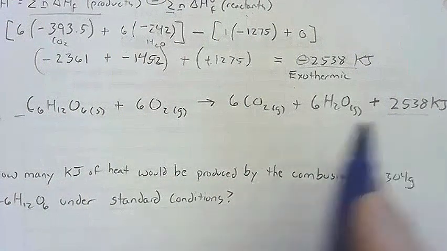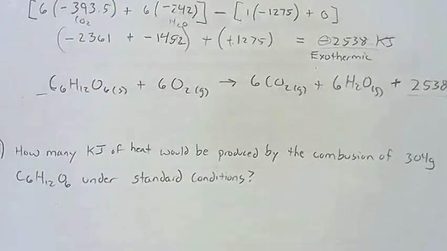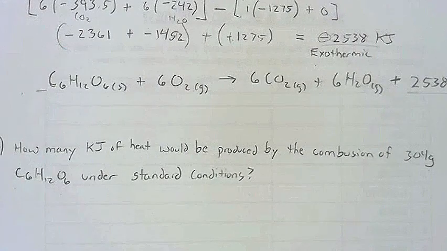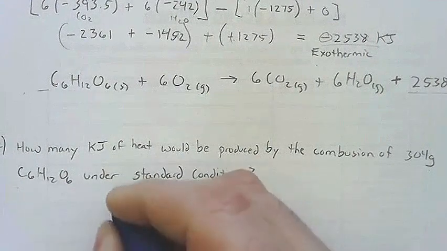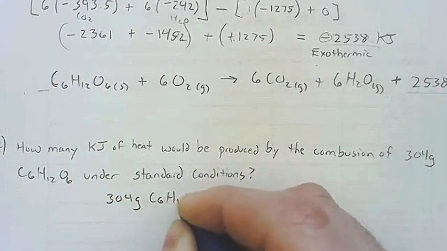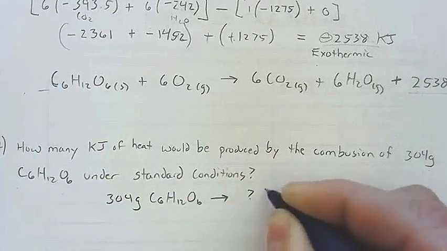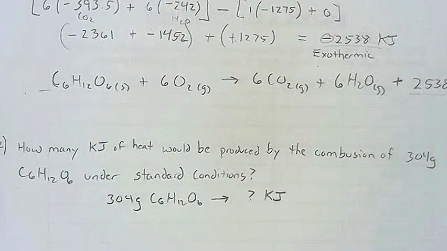That's an important equality that we're going to use for our conversion. And basically, this is a chemical conversion problem. I have my starting point and end point. So I have my 304 grams of glucose. And the question is, how many kilojoules worth of heat are being produced?